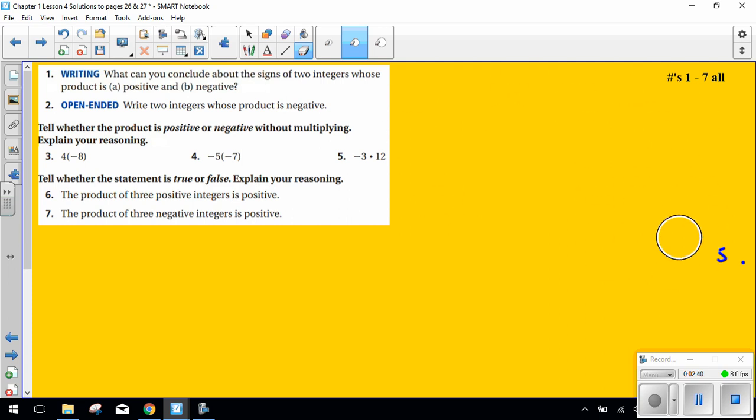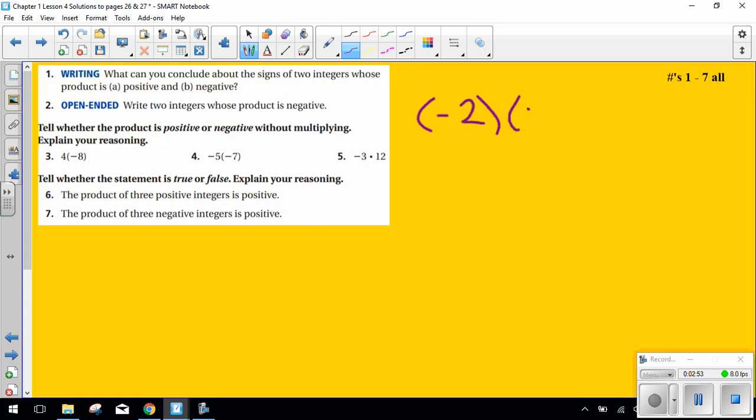Okay, number 2, write two integers whose product is negative. The numbers themselves really don't matter. So we can do negative 2 times 3. My signs are different, so the answer is going to be negative: 2 times 3 is 6.